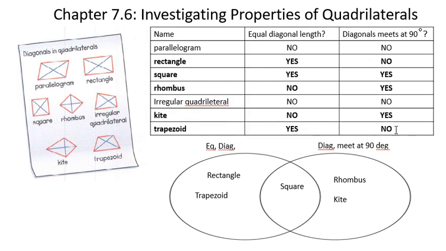Are there any more where the diagonals meet at 90 degrees, but they don't have equal diagonals?